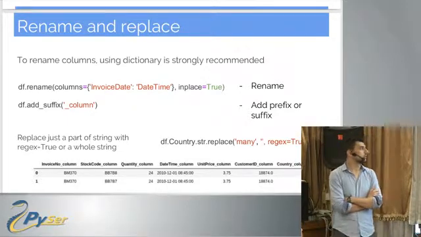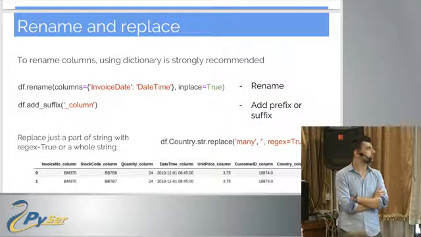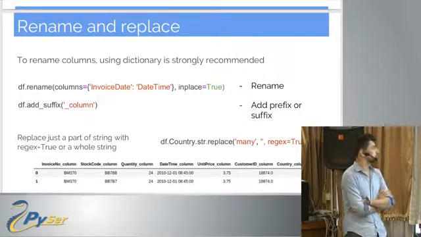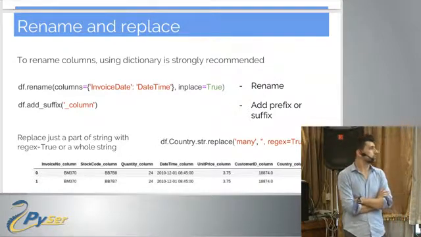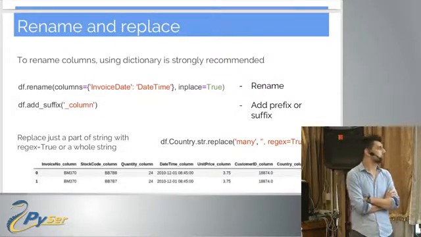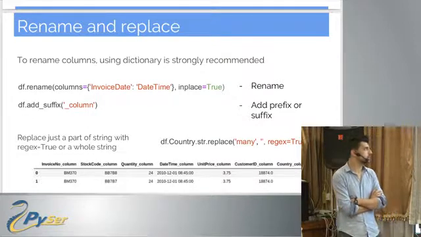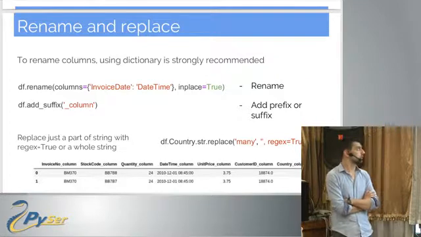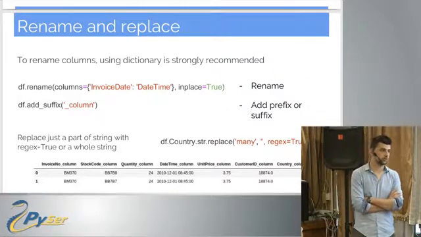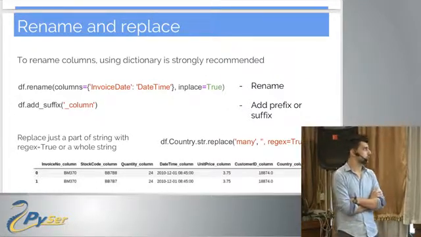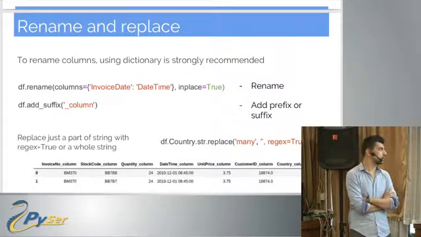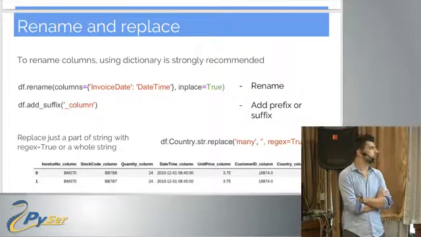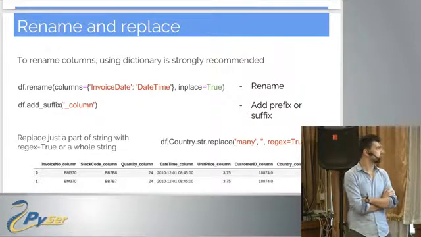Also, there are many methods to manipulate strings in Pandas objects, like rename, replace, split, etc. To rename columns, using a dictionary is strongly recommended, where you provide the old column name as the key and the new name you want as the value.